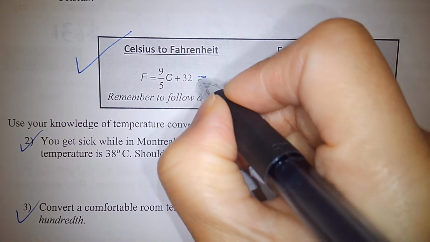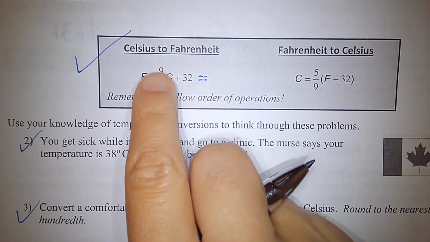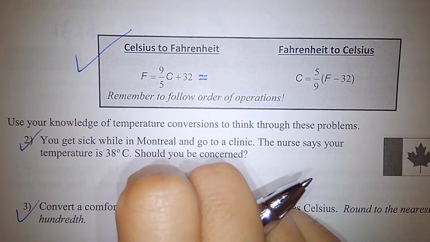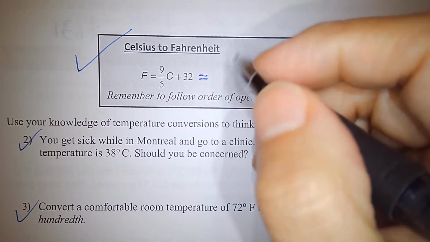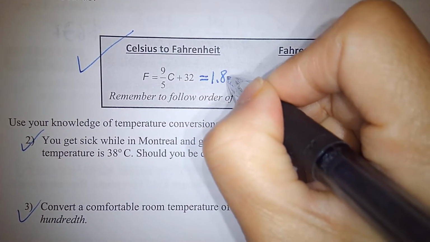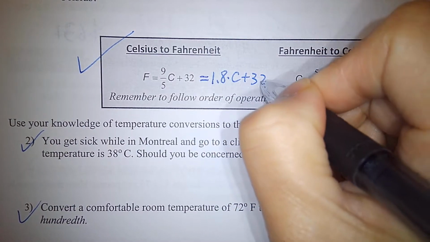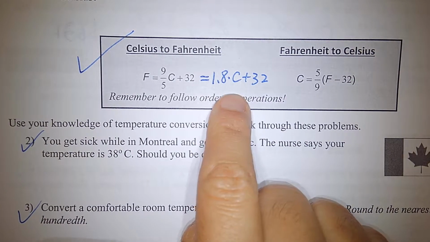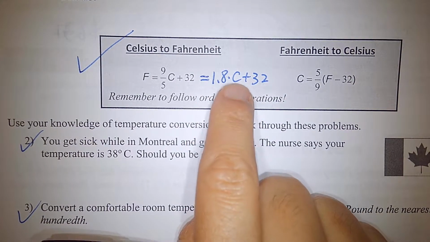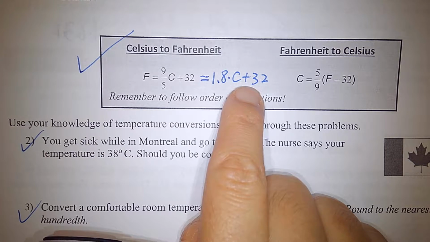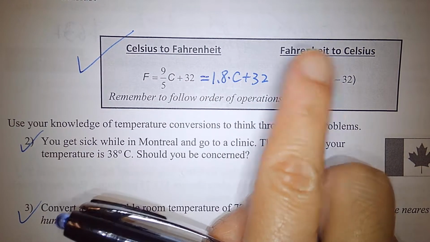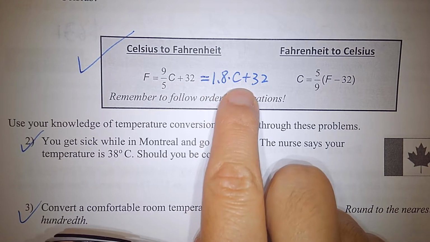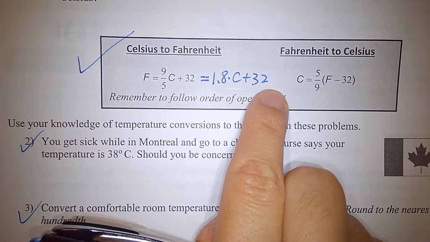So what is 9/5 in decimal number? 1.8, yes, times C plus 32. I'm asking you guys about the order of operations. We have multiplication, we have addition. Which operation should we do first? Multiplication. No parentheses in this formula, so do multiplication first, then add 32.